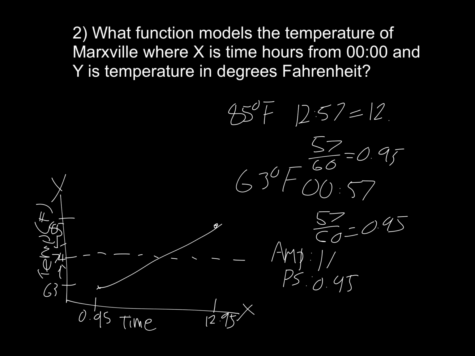Our period is just the same thing as the last one. It's a 24-hour period, so 2 pi over b equals 24, and that would give us pi over 12. Our vertical translation is from 0 to 74. Basically, vertical translation is the height and where we start, the starting point. So that's 74.